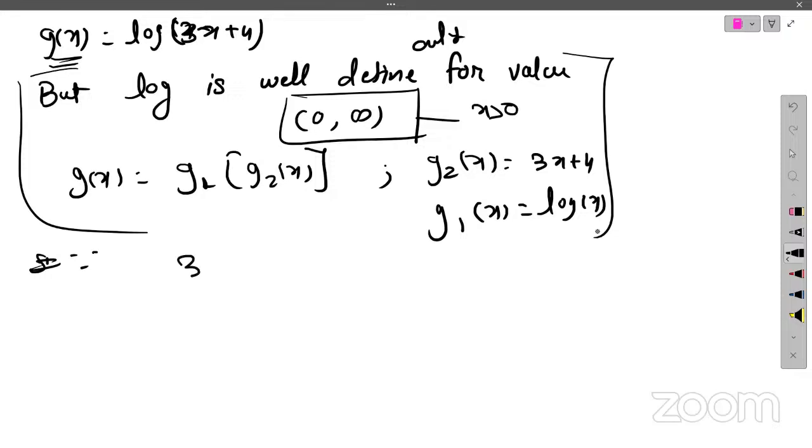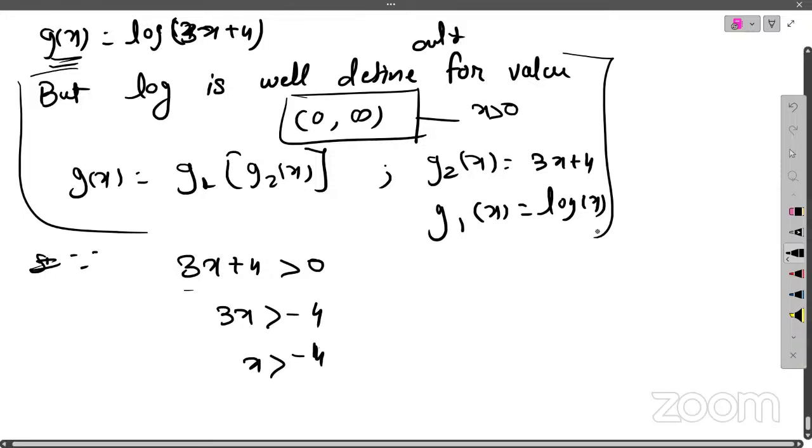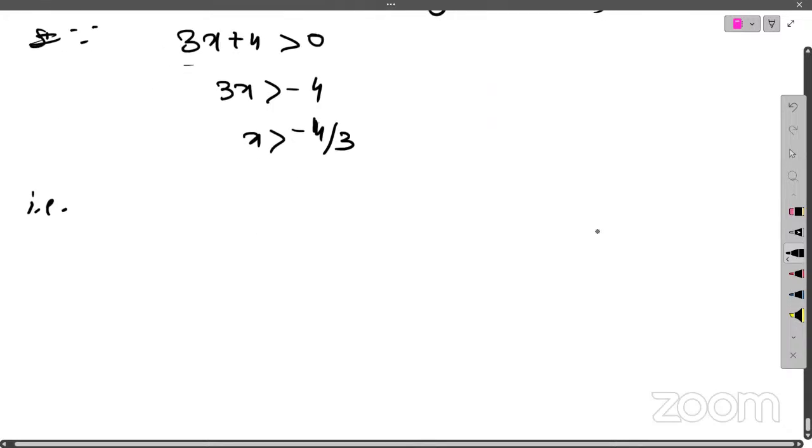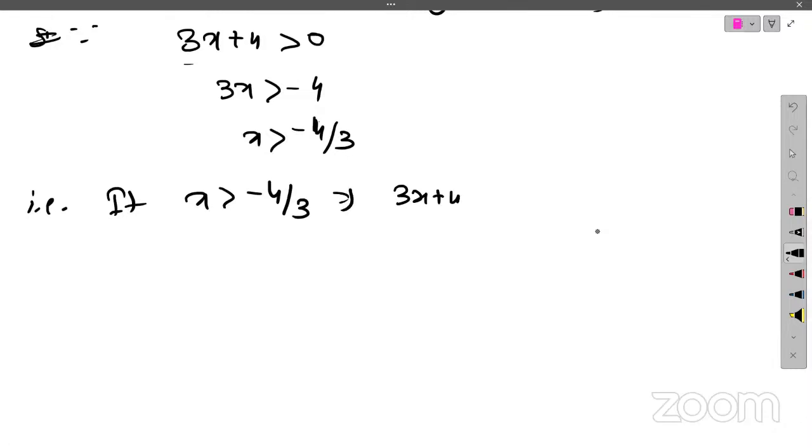So we want 3x plus 4 to be strictly greater than 0, which happens when 3x is strictly greater than minus 4, that is, x is strictly greater than minus 4 by 3. So if x is strictly greater than minus 4 by 3, then 3x plus 4 is strictly greater than 0, and log of 3x plus 4 is well defined.